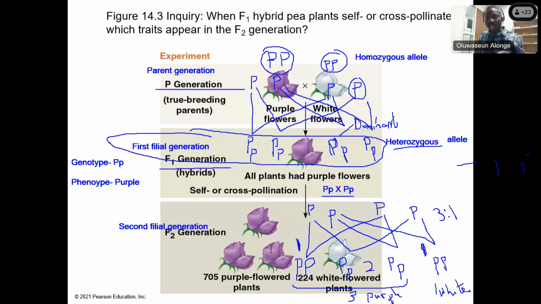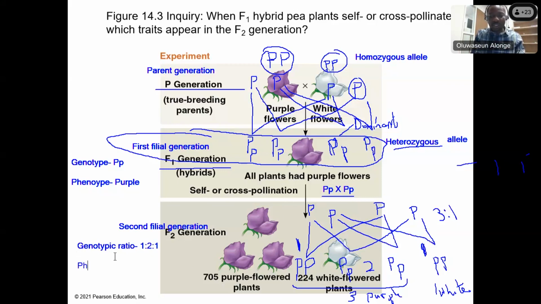I'm talking of it now for this generation 2, or anytime you are crossing these heterozygous against each other. So genotypic ratio, genotypic is from genotype, right? Genotypic ratio is 1:2:1.